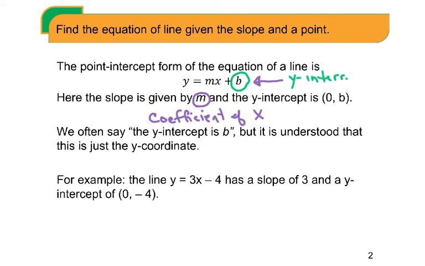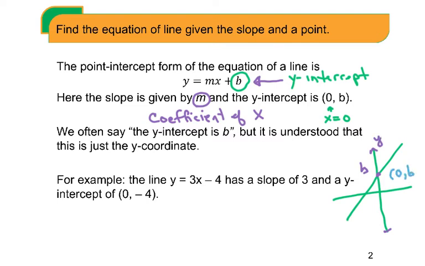Technically, the y-intercept is a point where x is 0 and y equals some number. So if you think about some line like this, it would be the number b on the y-axis, but its coordinates would really be (0, b), because x equals 0, y equals b.